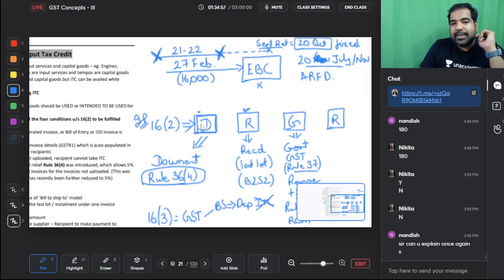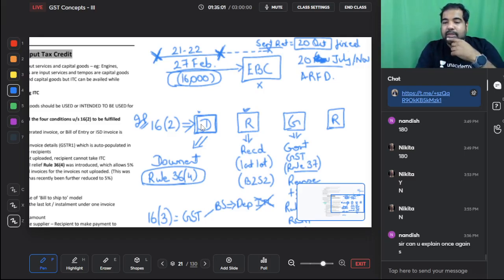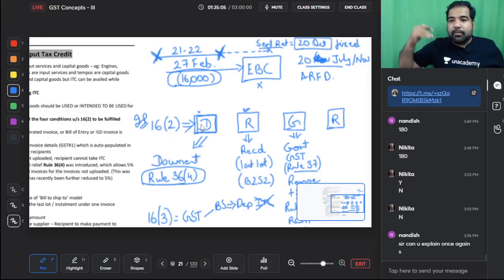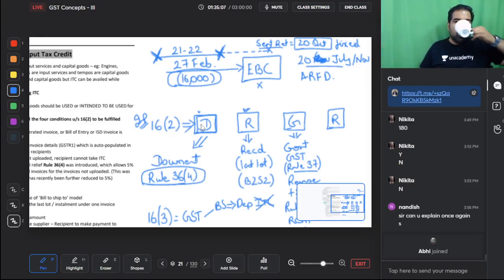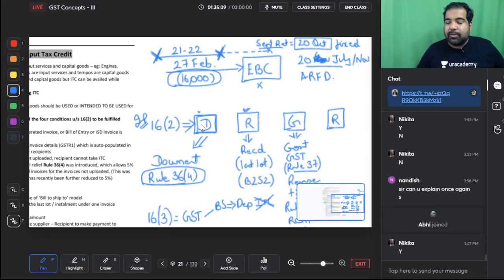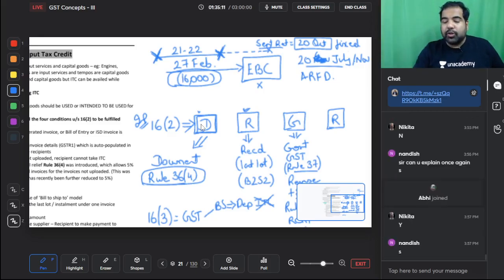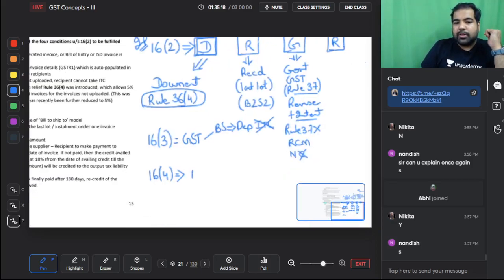But guys, once this 16,000 is taken to the credit ledger, you can use it whenever. When you have money in your Paytm account, can you use it whenever you want? Yes, you can. But to take it to the Paytm account, there is an expiry period that is given in section 16.4.